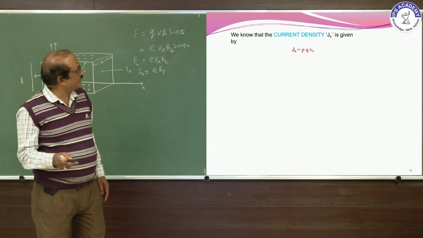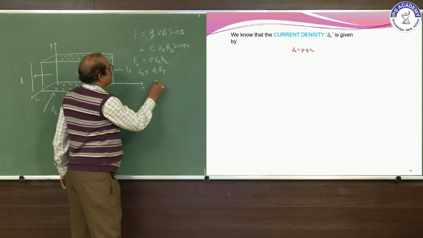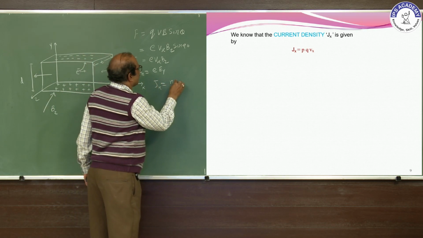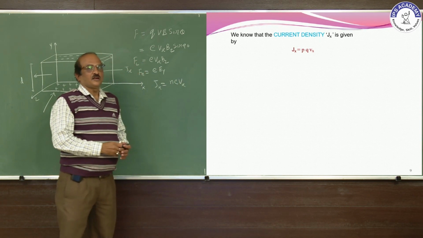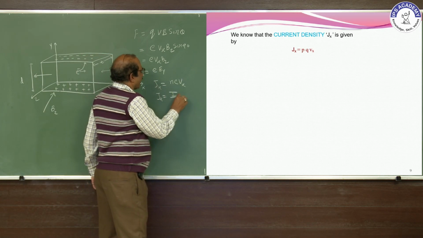Now we calculate the current density. Current density has two formulas. Jx equals n e Vd, where Vd is the drift velocity, and Jx is also current upon area.